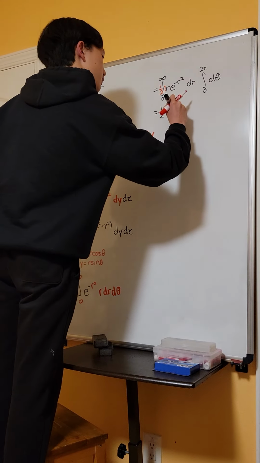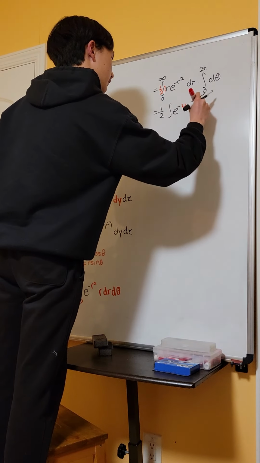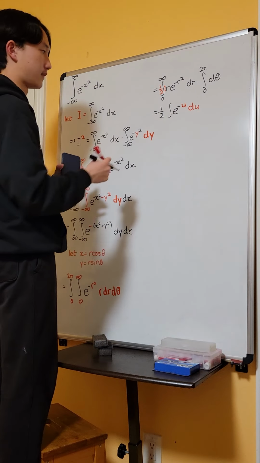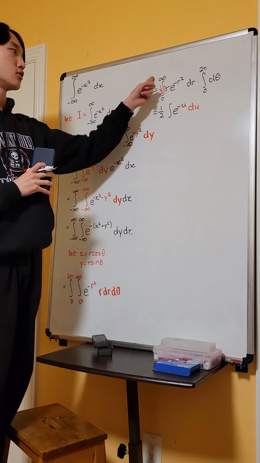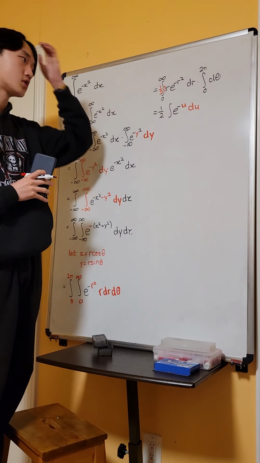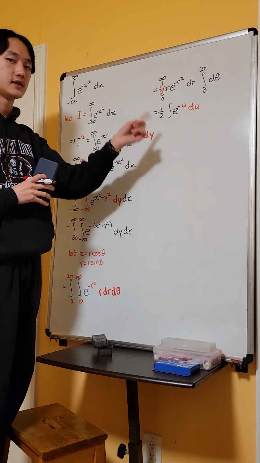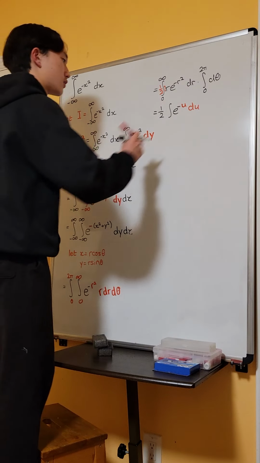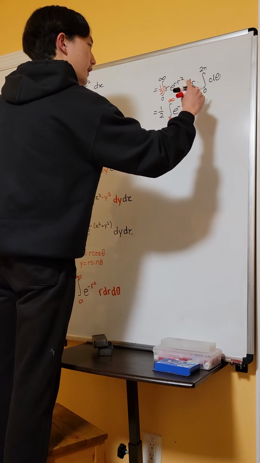And we just have e to the negative r squared is just u. And then we let the 2r dr be our du. And the 1/2, of course, is sitting outside. What are the bounds? Well, these are in terms of r. We want them in terms of u. So r squared is equal to u. 0 squared is equal to the lower bound, right? So it's still 0. Infinity squared is still infinity.